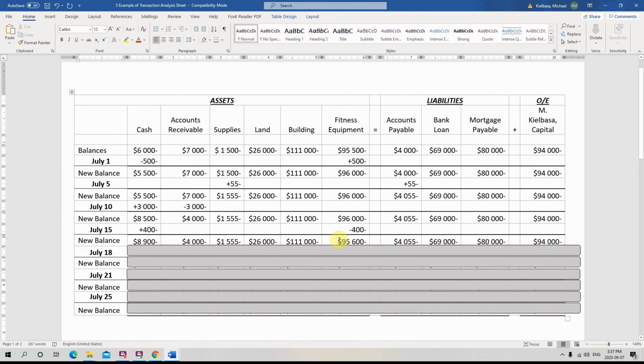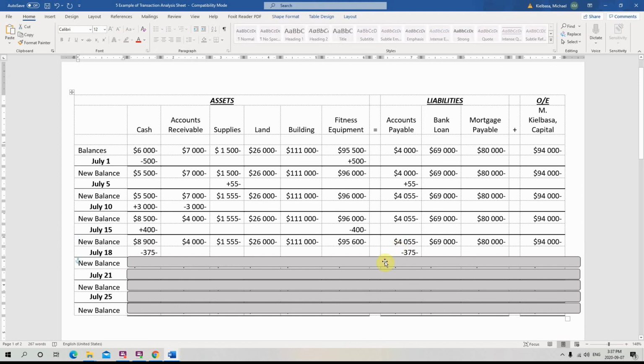On July 18th, let's suppose we pay $375 to creditors. So cash is going to go down $375, and then accounts payable is also going down, because now I don't owe that money.